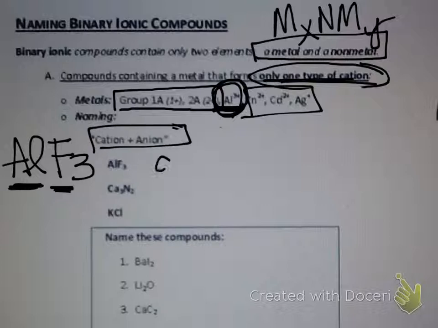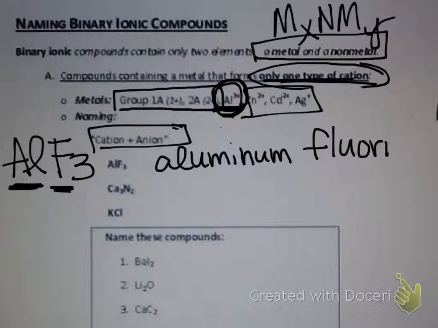The cation is aluminum. And the anion is fluorine. But remember, when you name the anion, you use the stem plus ide. So it'll be fluoride. So we've got cation, anion ending in ide. The name of this compound is aluminum fluoride. So you don't read AlF3, you read aluminum fluoride.